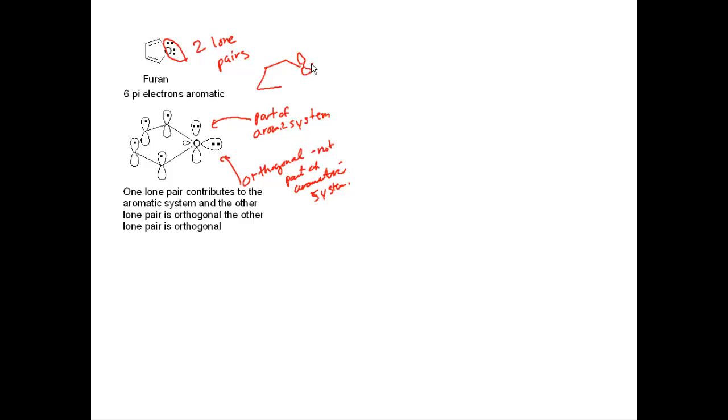Okay, we'd have to say that we had a structure like this if both lone pairs were contributing, and we could all probably say that, okay, this is bad. Alright, so that would not be a good structure. So this would be just a totally ridiculous way to represent lone pairs. Okay, so we can never have both lone pairs of an oxygen or a sulfur contribute to the aromatic system.